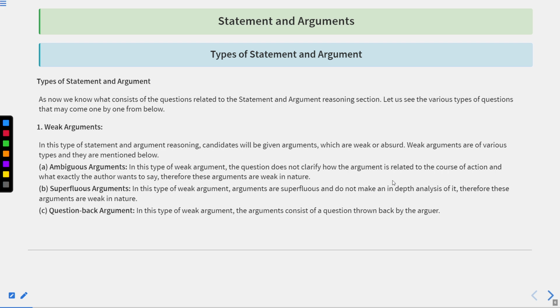So in this lecture series, we are assuring and ensuring that once the concept is clear to all the students, and they get a clear idea of what exactly has to be understood whenever there is a question, and how to approach the question in a correct manner, they will be able to get the correct answer every time they solve a question. So this is not going to be any hit and trial method. We are going to use all the known methodology in order to figure out what the correct answer will be.